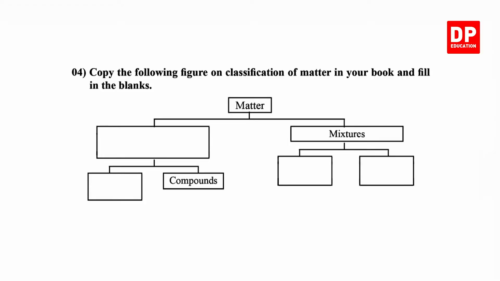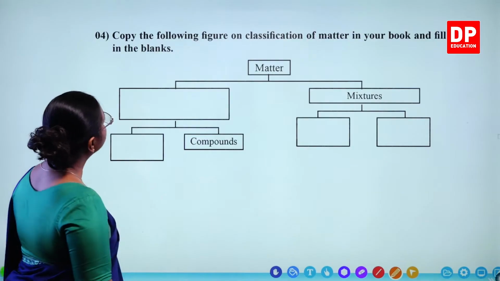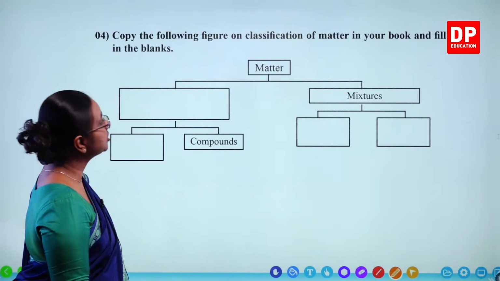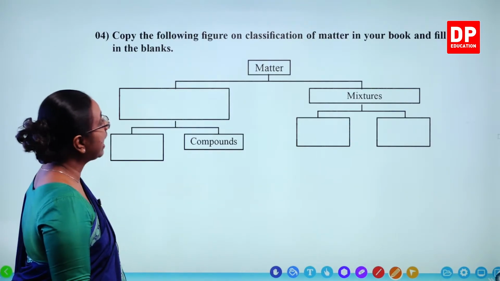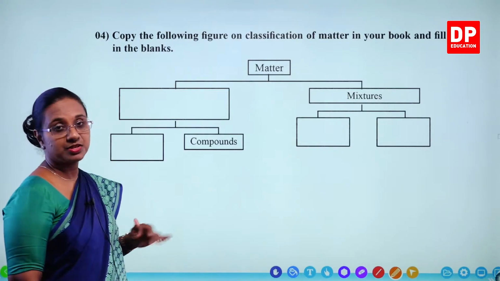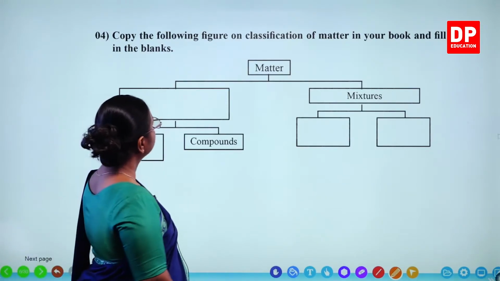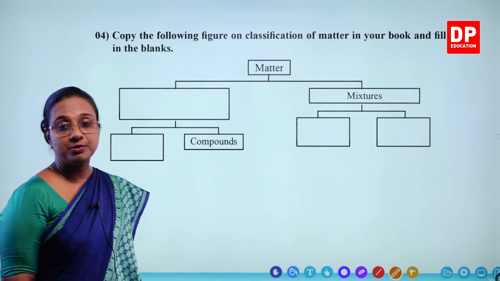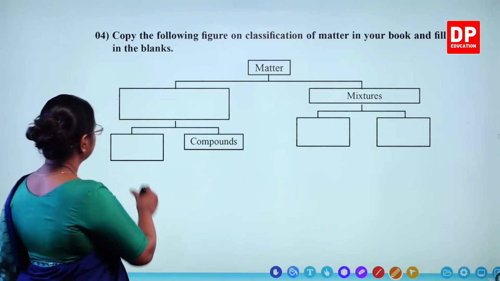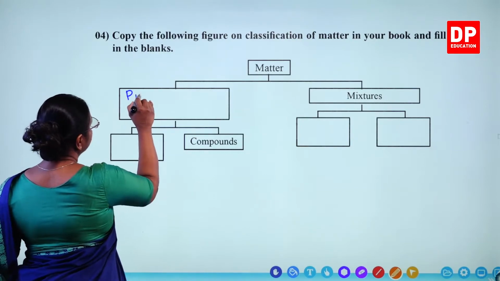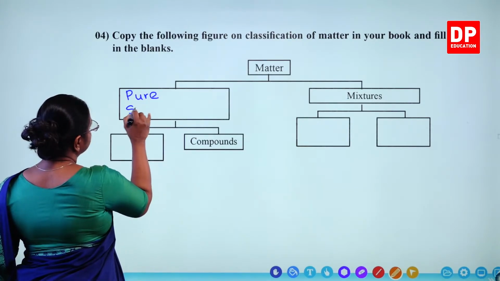So, here we have the fourth question. Copy the following figure on classification of matter in your book and fill in the blanks. You all know matter is mainly divided as pure substances and mixtures. So, here it has to be pure substances.